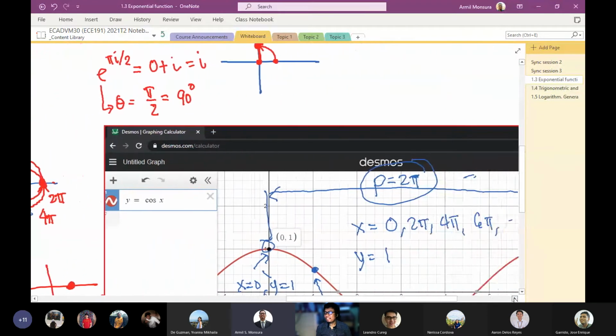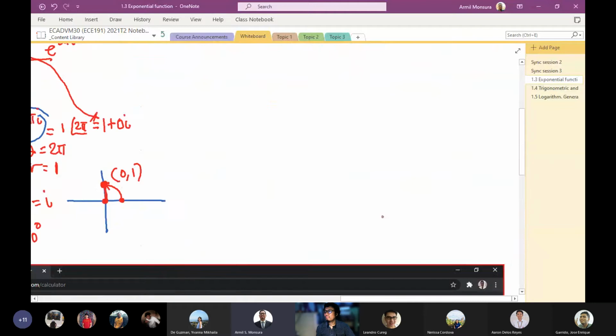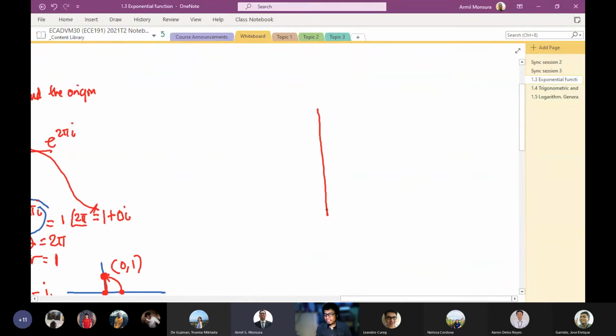Ganito siya. Ito yung coordinate system ninyo. Ang isang point dyan pertains to a unique complex number. So para hindi siya mahirap, gawin siyang quadrantal.